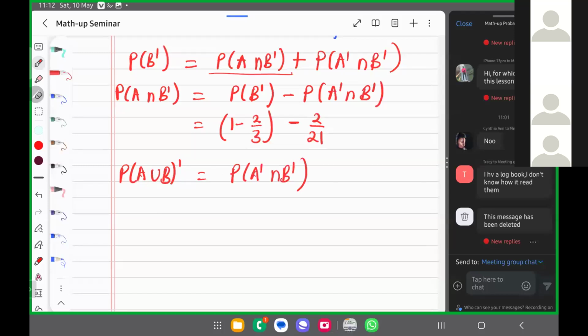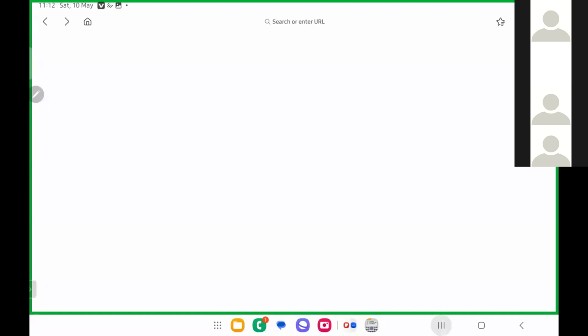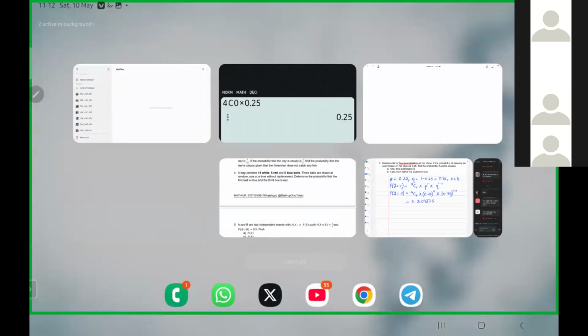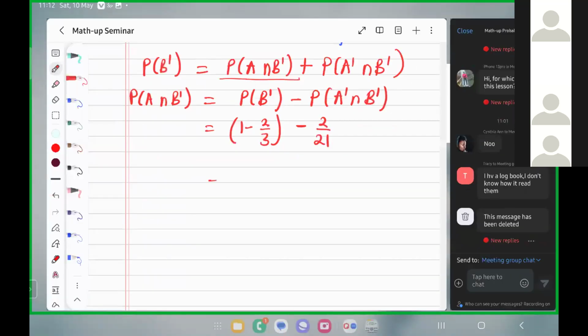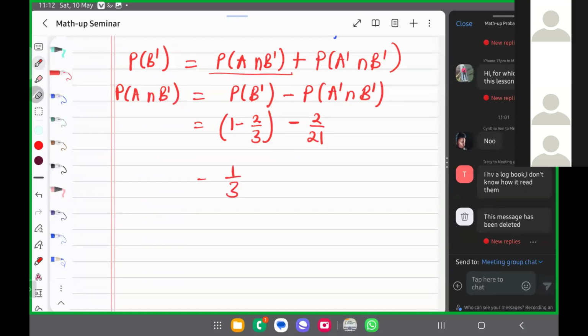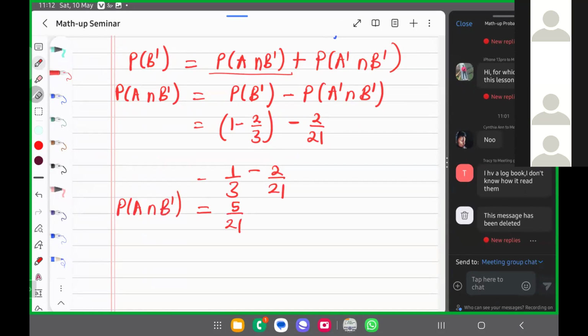So that's what I'm using. So we shall have a third minus 2 out of 21. And what do we get? Times 7, we get 5 out of 21 as probability of A intersection B complement.